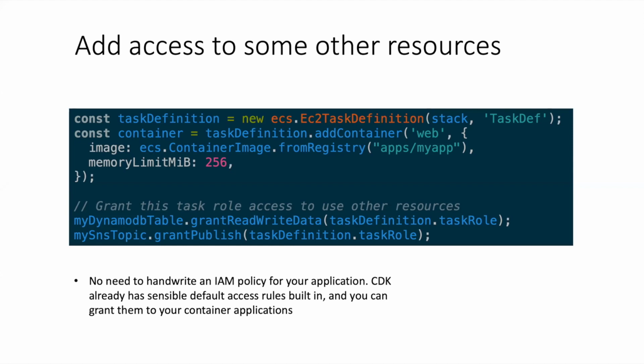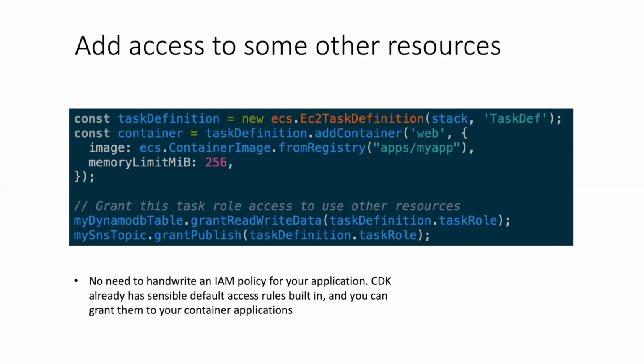Going through and writing very verbose IAM policies to limit who and what applications can talk to what resources and using what actions. So CDK simplifies a lot of this by automatically creating IAM policies for you and for your resources based on simple statements that you define.